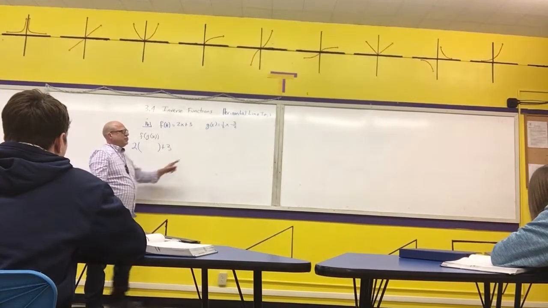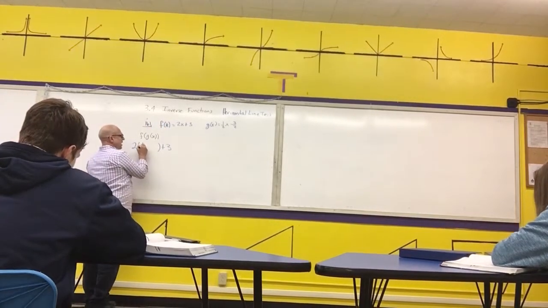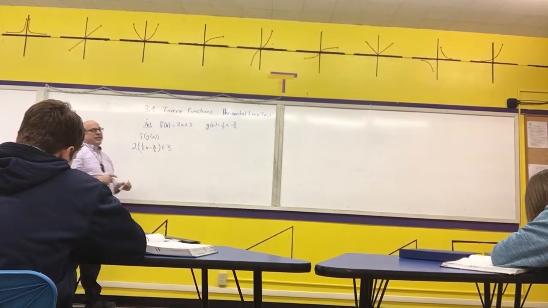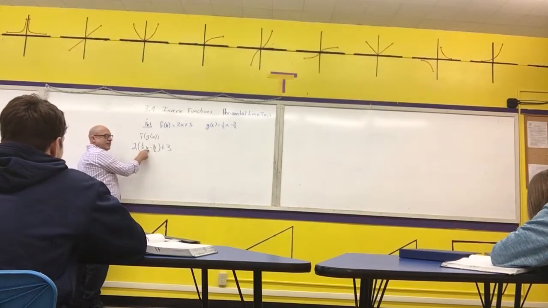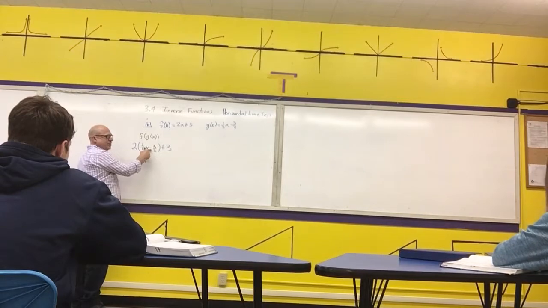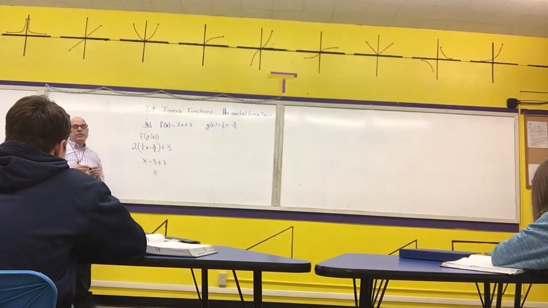Inside the parentheses, write the inside function: 1/2 x minus 3 halves. Now I'm going to simplify. Distribute. 2 times 1/2 is 1, so I have x. 2 times negative 3 halves is negative 3, plus 3. Negative 3 plus 3 is 0. x minus 0 is x.